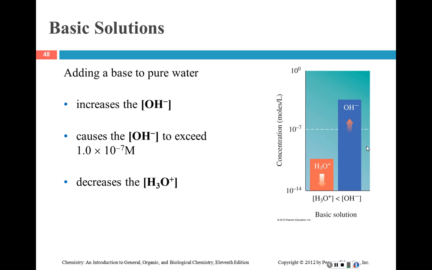When I add a base to pure water, I'm going to increase the hydroxide ion concentration, and that causes it to be higher than 10 to the minus 7, and it's also going to cause a decrease in the hydronium ion concentration.